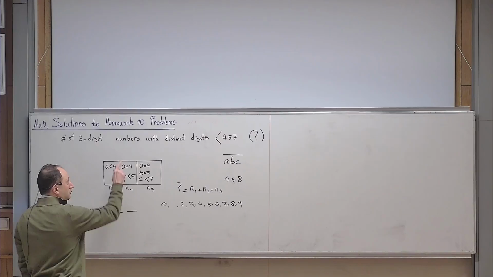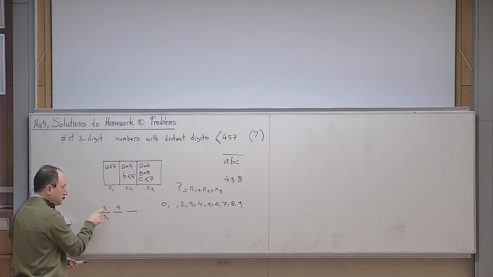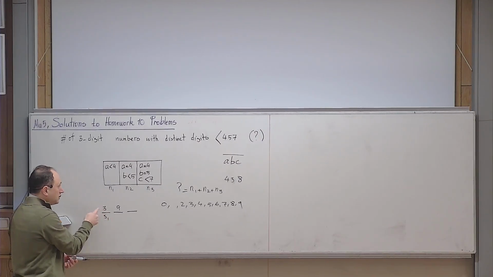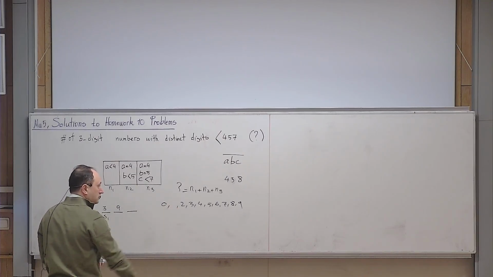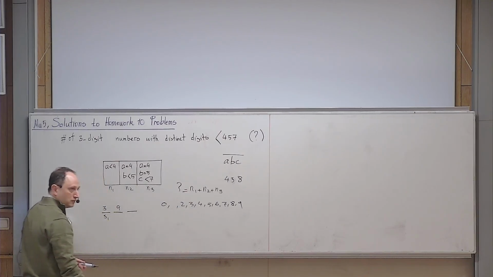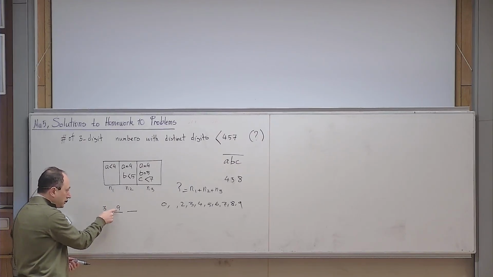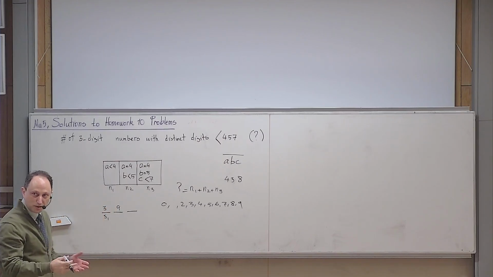But because repetition is not allowed, another one is gone. Okay, be careful. Is this 9 independent of my choice here? This is important. It doesn't matter if I had eliminated 1, or if I had eliminated 2, or if I had eliminated 3. One of them will be gone, still I will have 9 options available. So far this 9 is independent of how this is done. Okay, this is very important.